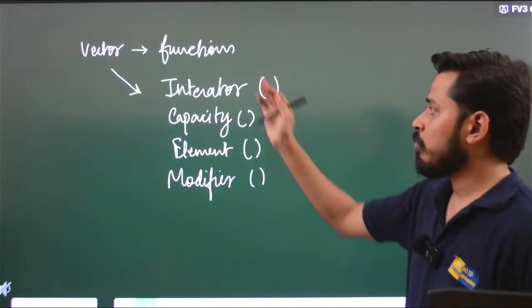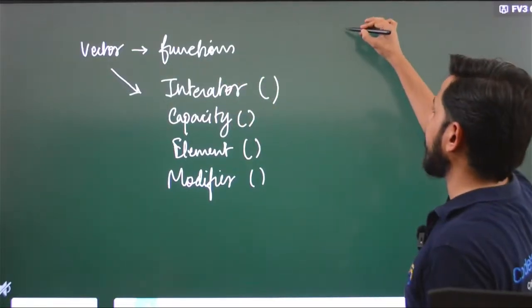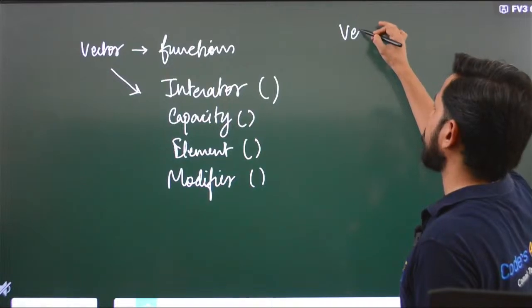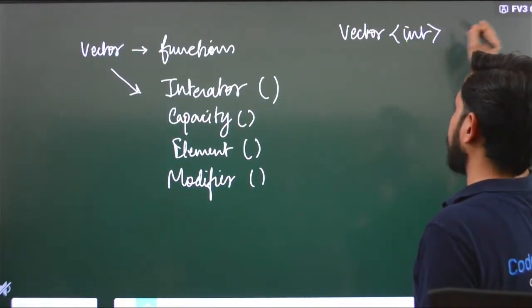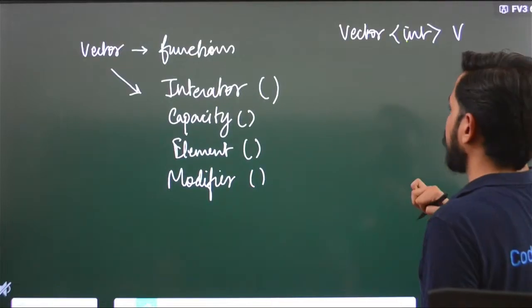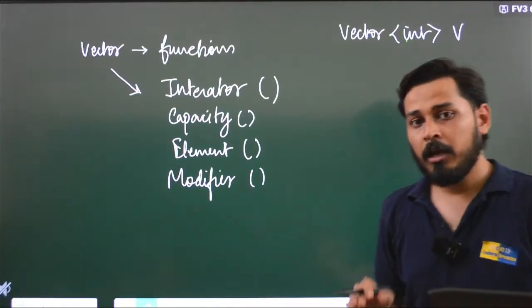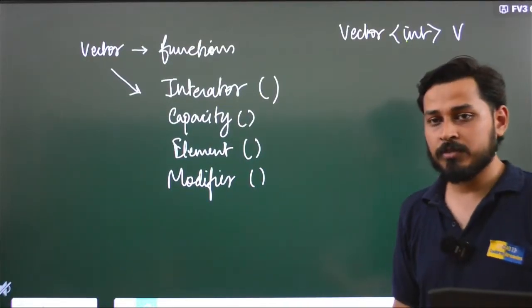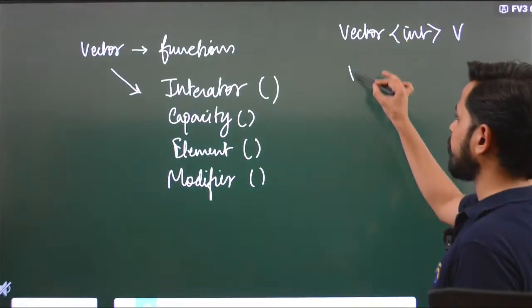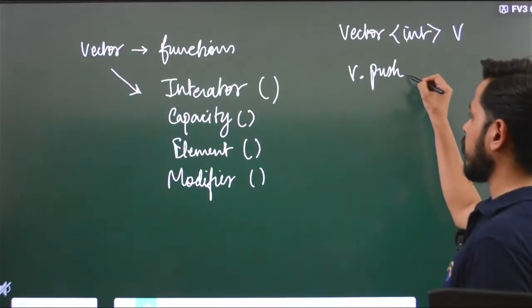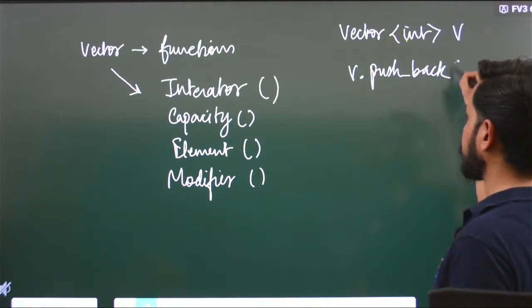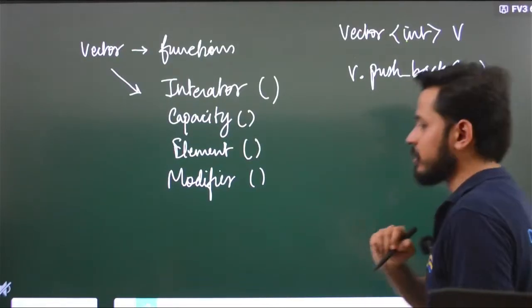Let's say I have created a vector of type int, and the vector name is v. Now you are asking, sir, how can we put an element into this vector v? I can say v dot, a modifier function called push underscore back, push back, and you give the value right here, let's say 10.